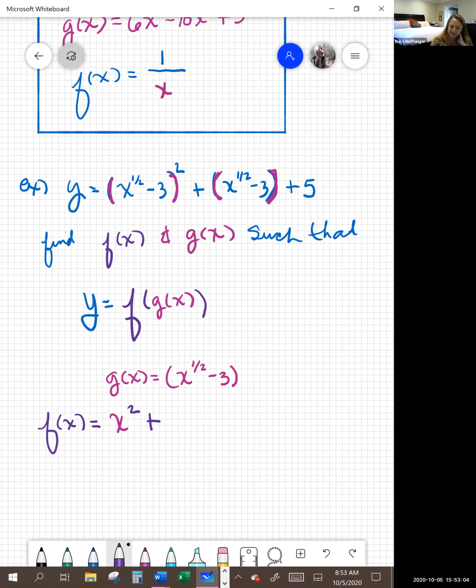Plus, I see this whole expression, I chose g of x, so I'm going to have that be x. And then I have this plus 5. So if we took what was in parentheses, plugged it in wherever we saw an x in f of x, we would get back what y is.